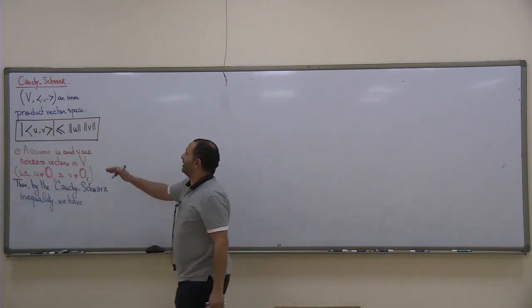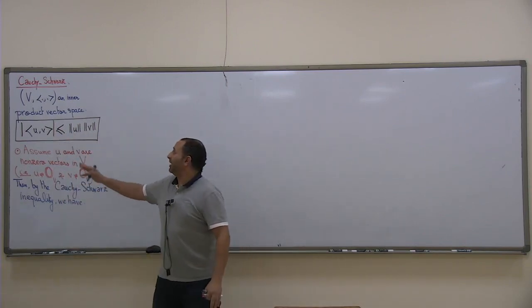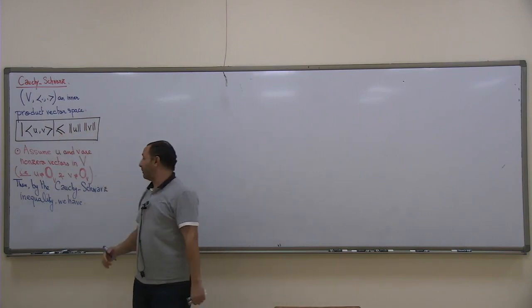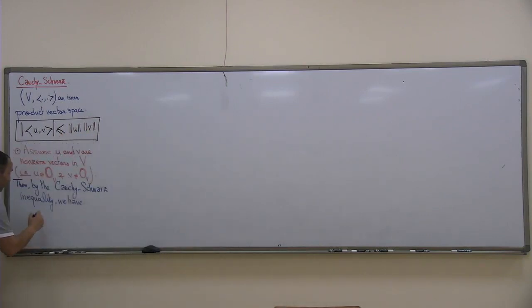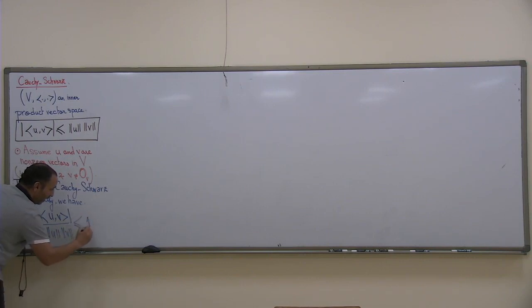So I'm going to take this inequality and I'm going to divide both sides of this inequality by the norm of U, norm of V. Then we will obtain the following. So absolute value of inner product of U, V, divided by norm of U times norm of V is less or equal to 1.